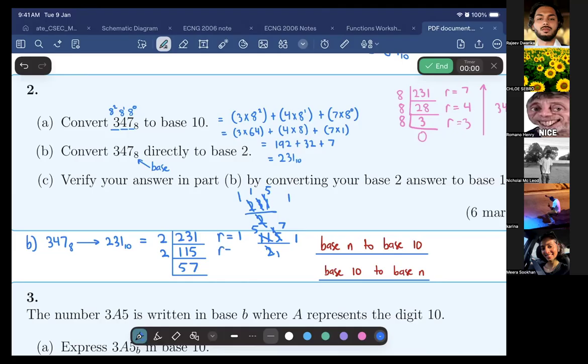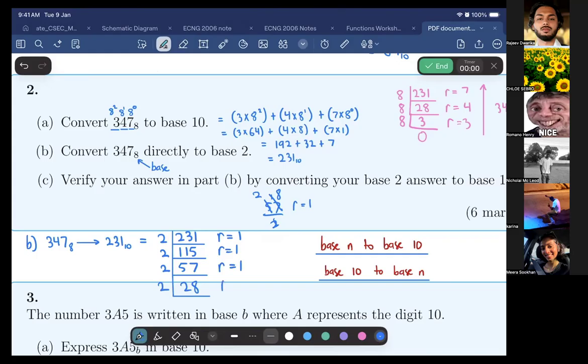So I'm going to put a remainder of 1 here. 2 could go into 57 how many times? 2 could go into 5, 2 remainder 1. 2 could go into 17, 8 remainder 1. Oh, my bad. So I'll put a remainder of 1 here.